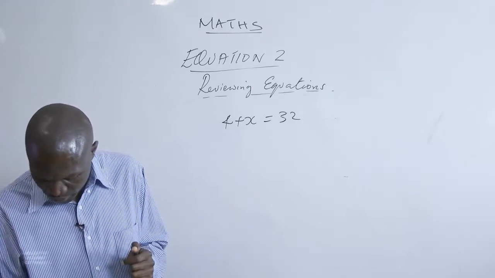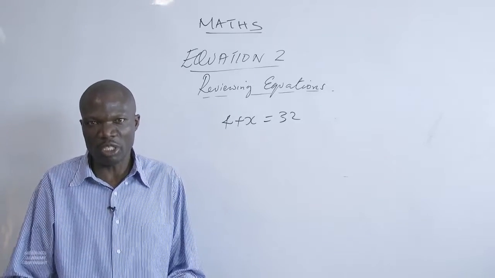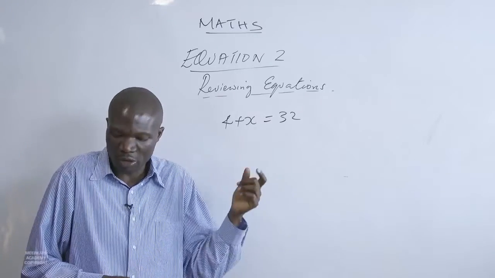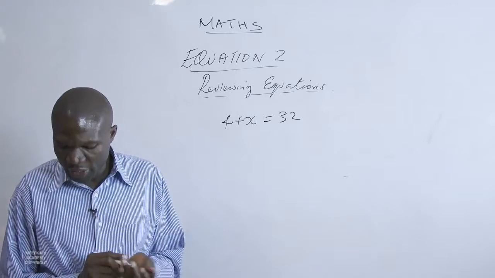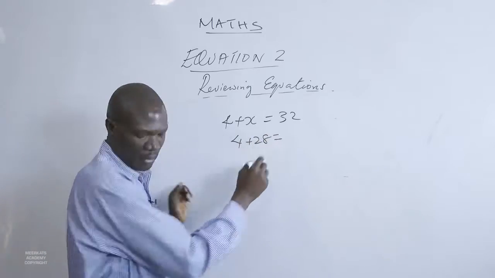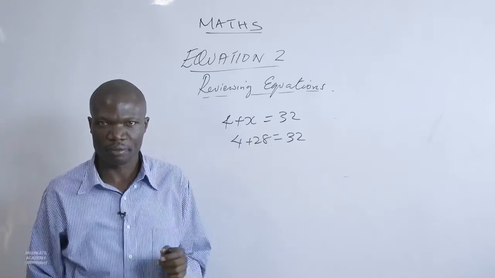However, some equations are false. Some equations are true. For this one, we don't know what the value of x will be to give us the correct statement. For example, it is true that 4 plus 28 is equal to 32. That one is okay.